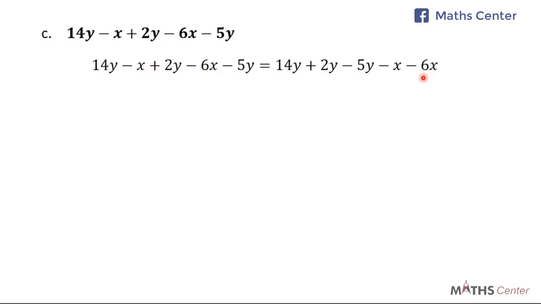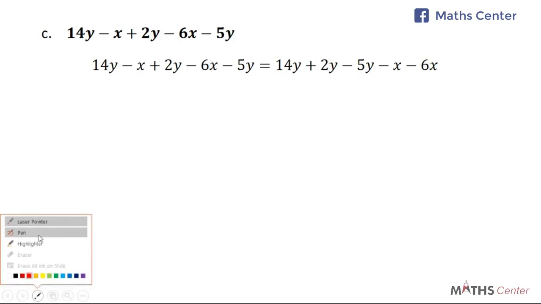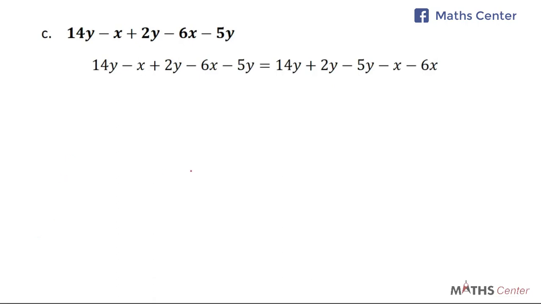Now, after we group the like terms, the next thing that we need to do is to add or subtract the coefficients. So you can see from here that with the first two is addition, then the third one is subtraction. So we are going to have 14 plus 2, which will give us 16. Then 16 minus 5, which will give us 11. Then in the next instance, we have minus x minus 6s. Now once again, remember that I said whenever a variable is written and you don't have a coefficient in front of it, it means that the coefficient there is 1.